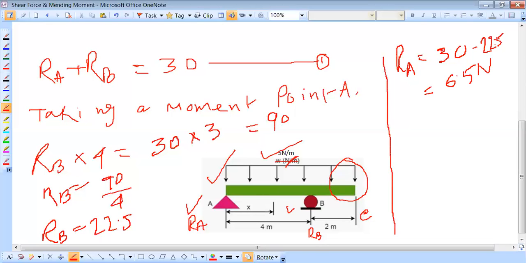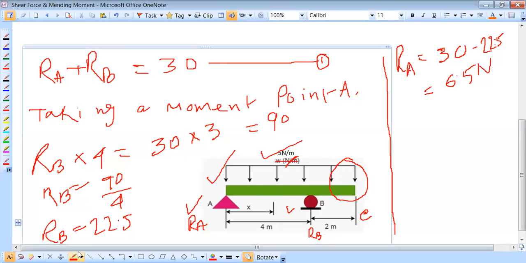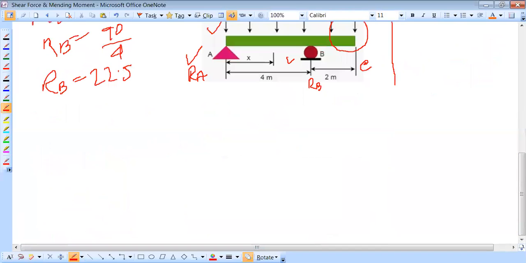So here, reaction RA carries a 7.5 kilo Newton load and RB carries a 22.5 kilo Newton load. Then find out the SF.